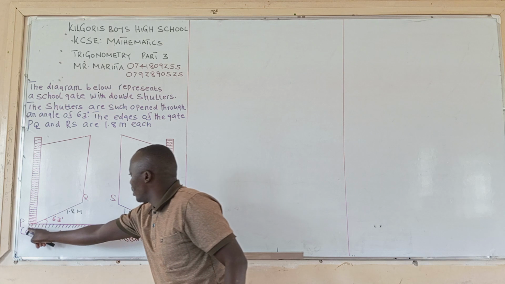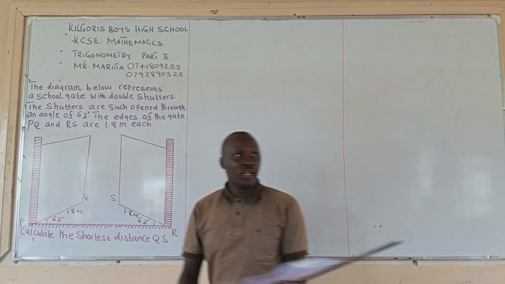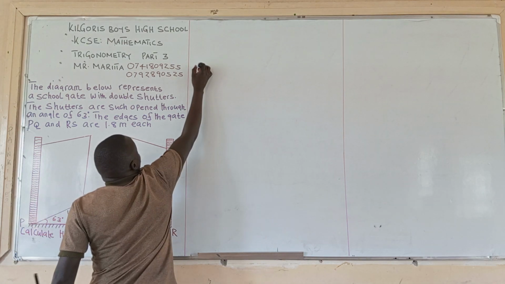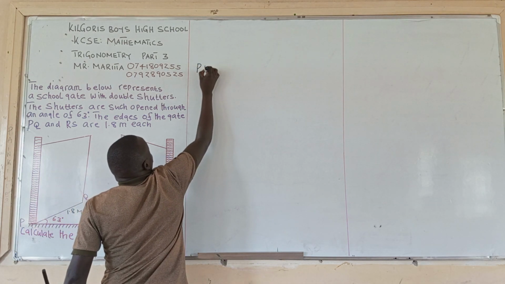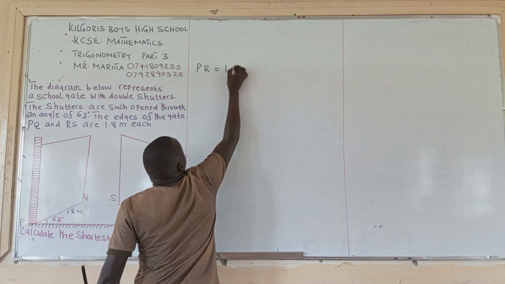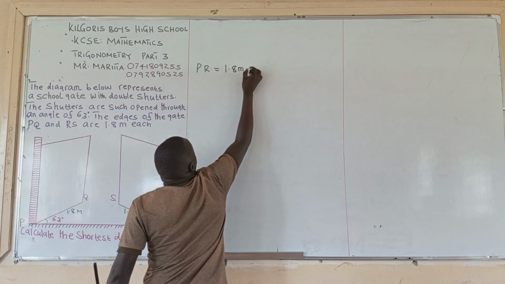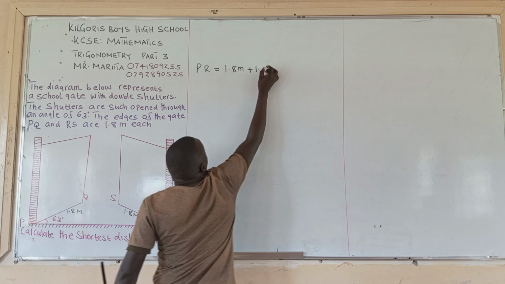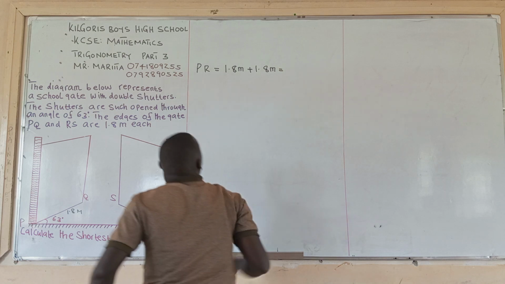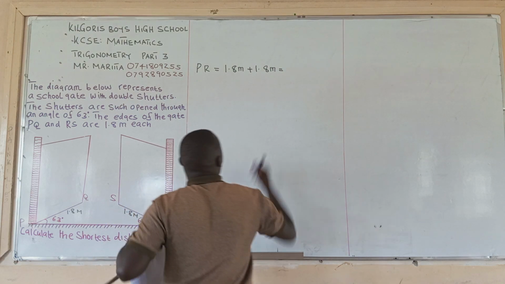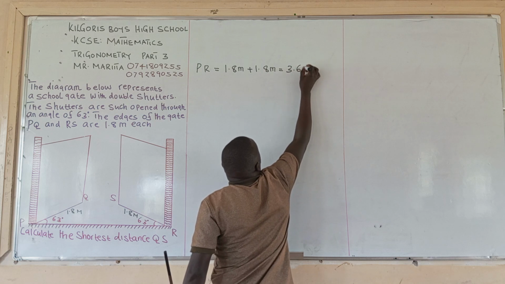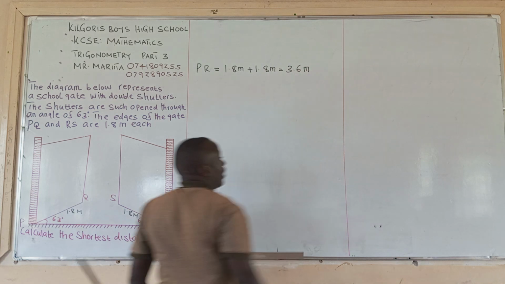Therefore the distance PR is 1.8 meters plus 1.8 meters, which gives us 3.6 meters.